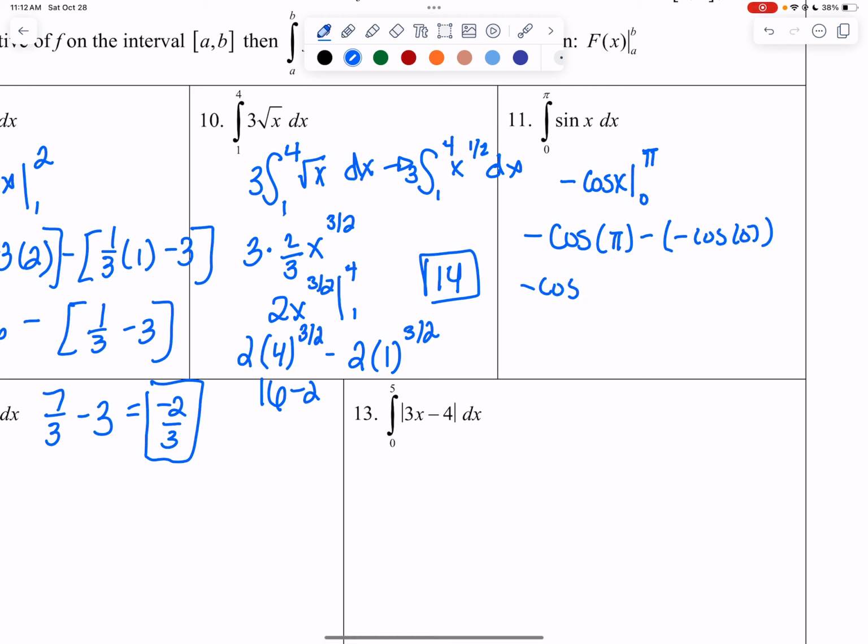I'm going to clean this up a little bit, and instead of negative, I'm just going to say positive. So I have negative cosine of pi plus cosine of 0. Cosine of pi is -1, and then cosine of 0 is 1. Negative is a positive, so +1 plus +1 is a +2.